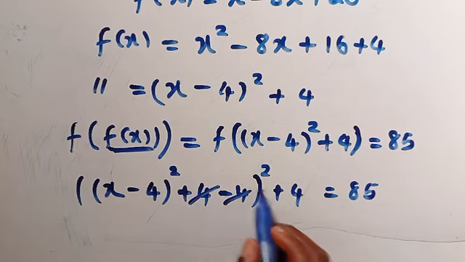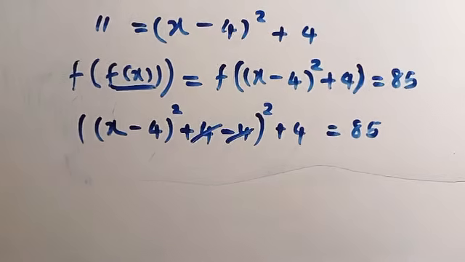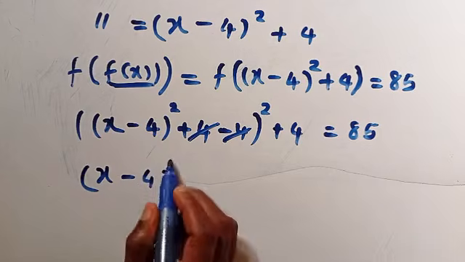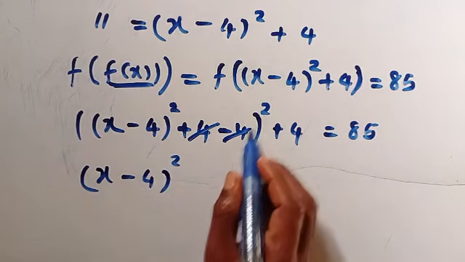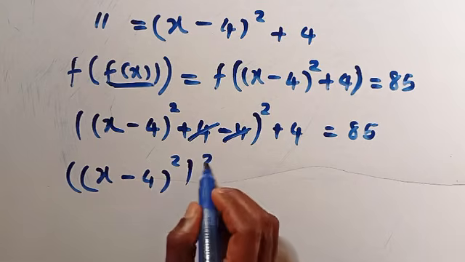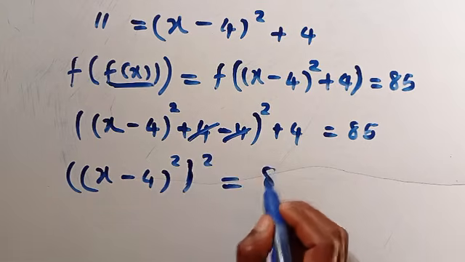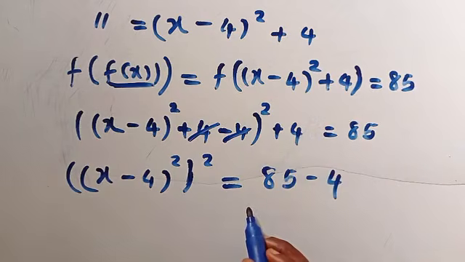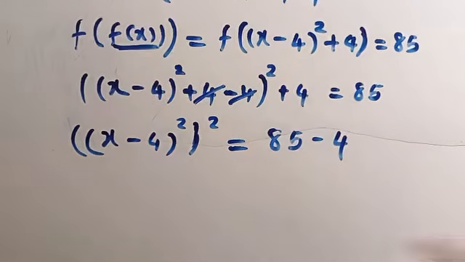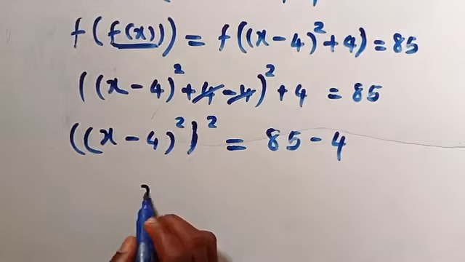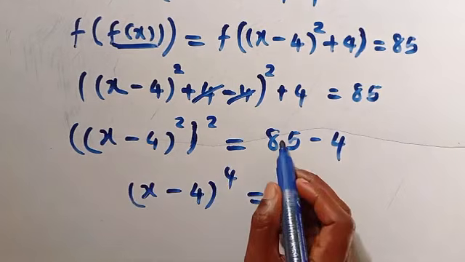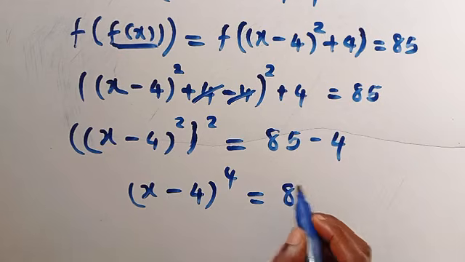So plus 4 and minus 4 cancel each other, and then we are going to have x minus 4 raised to power 2, then all raised to power 2 as well, equals 85 minus 4 when we transfer 4 to the other side. So from this, we have 2 times 2, that is 4, and x minus 4 raised to power 4 equals 85 minus 4, that is 81.